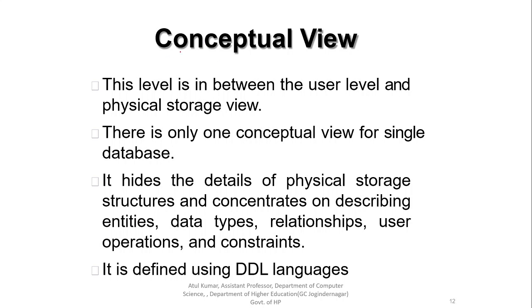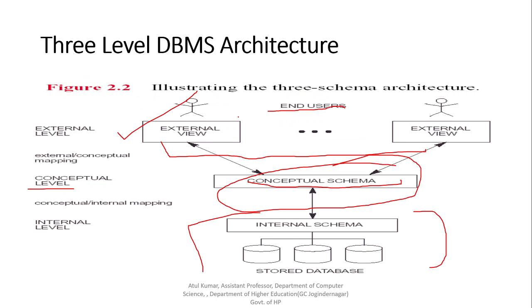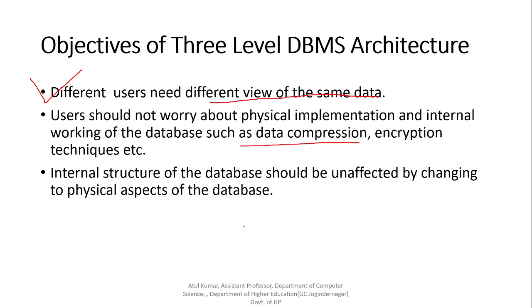The next view is the conceptual view, and this view is in between the user level, that is the external level, and the physical storage level that I have shown you in the diagram. It is in between the external view and the internal view.